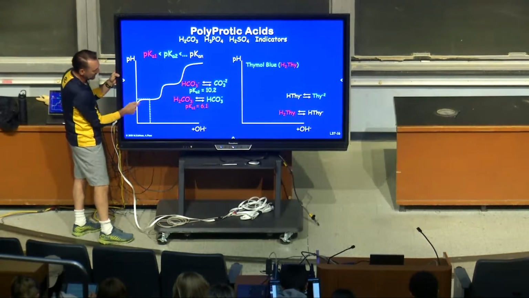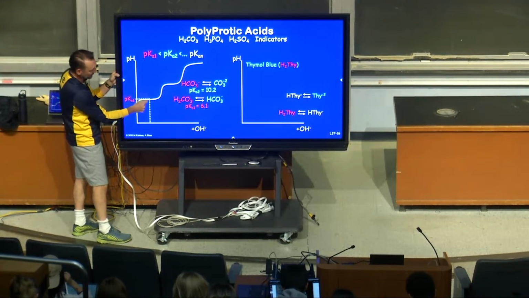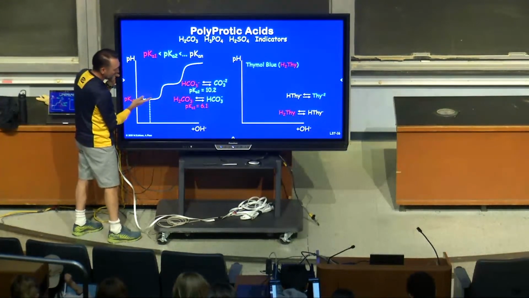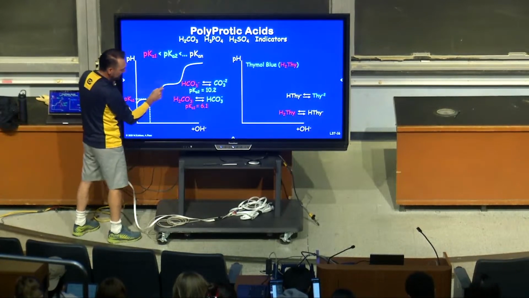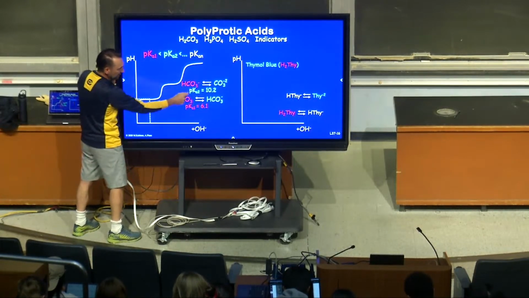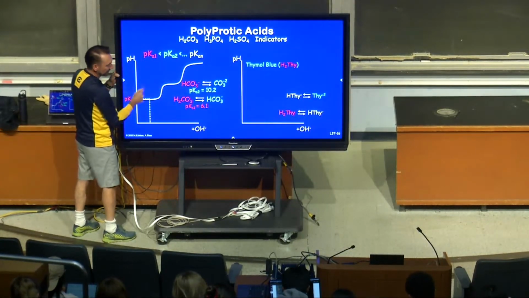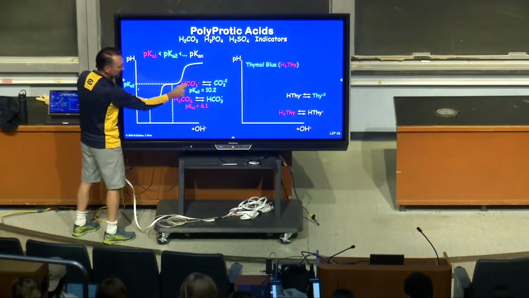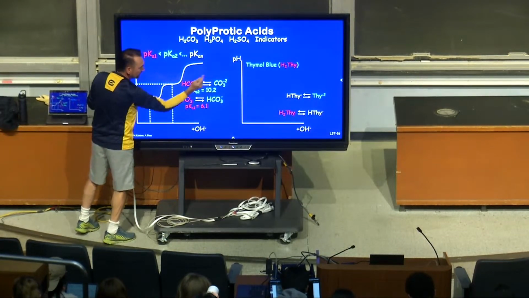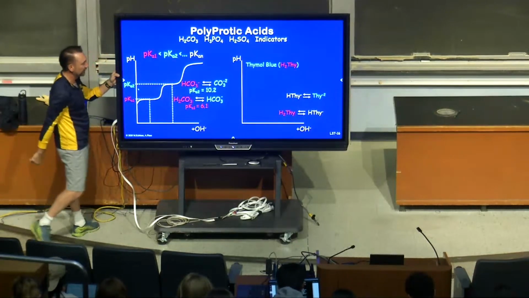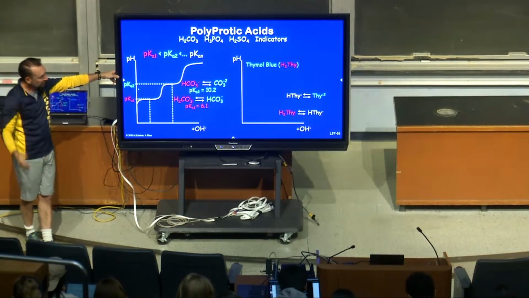This buffer region here, the pH will be equal to pKa1, so pH 6 here at half equivalence as you titrate along. And then you'll convert this into this, and you'll have an equivalence point where you've converted all of these to those right here. And then you'll start a new titration of this compound, CO3, you'll take those protons off, and it will buffer here at pKa 2. So, relatively straightforward.